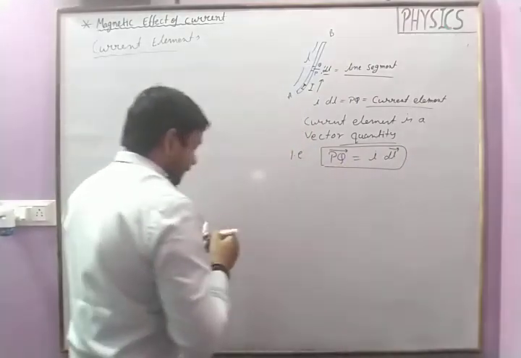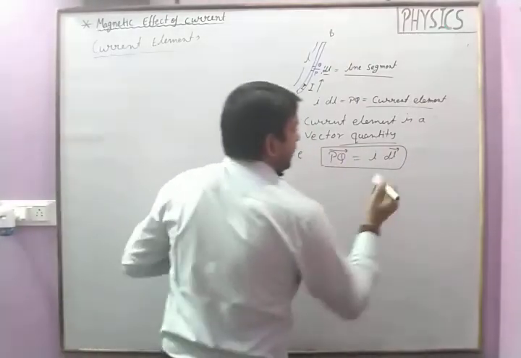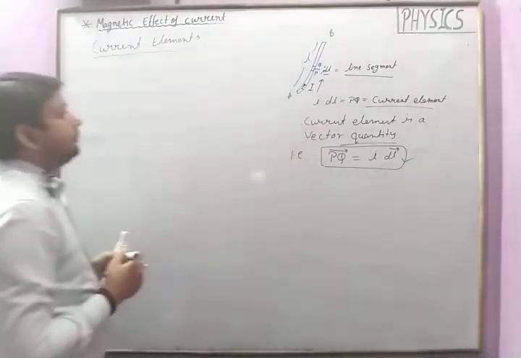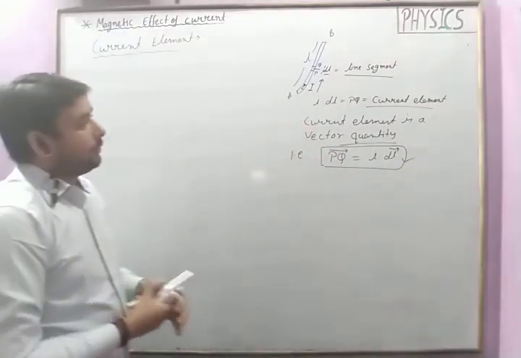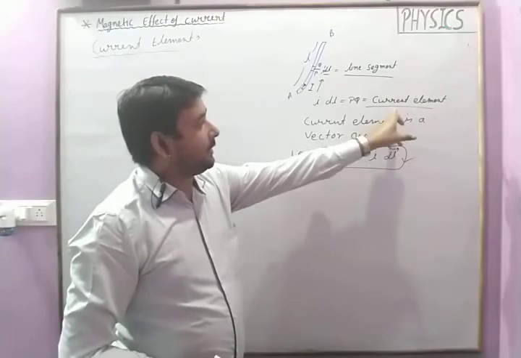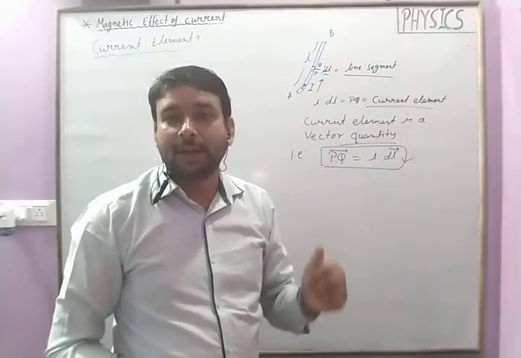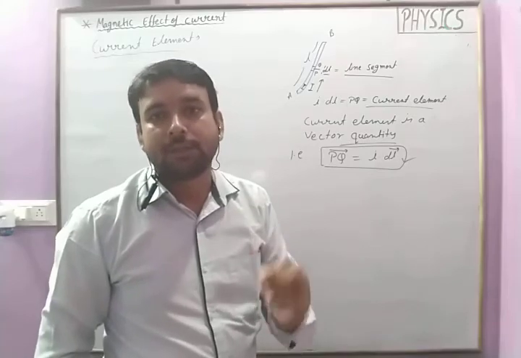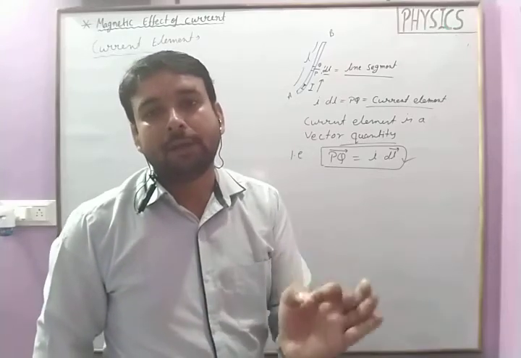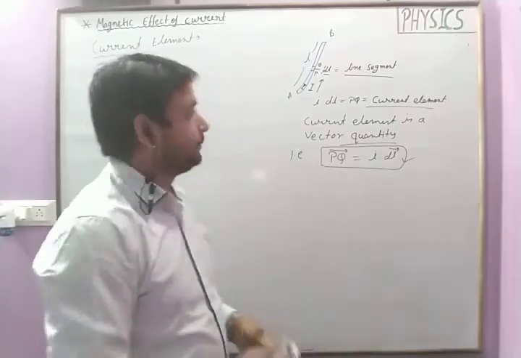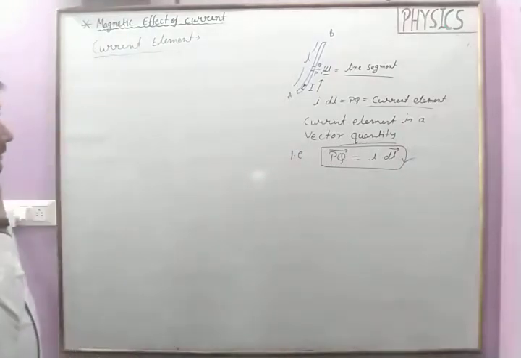This is the value of current element. Clear? So you understand that the current element is the product of current and the line segment through which the current flows in a current carrying wire. Okay, just copy this.